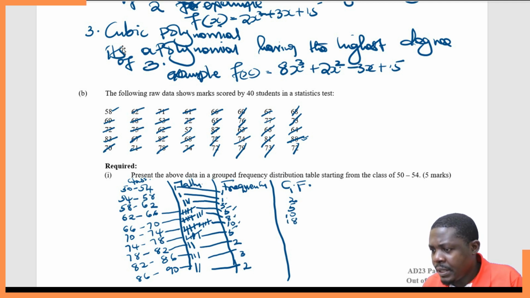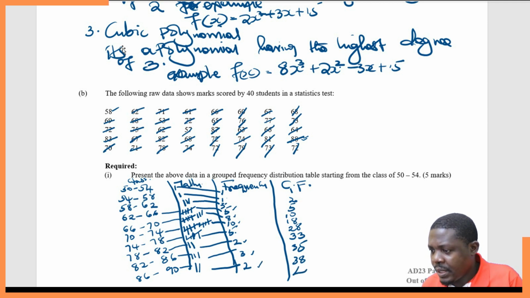Plus 10, should be 28. Sorry, yes. Plus 5, that is 33. Plus 2, that is 35. Plus 3, 38.